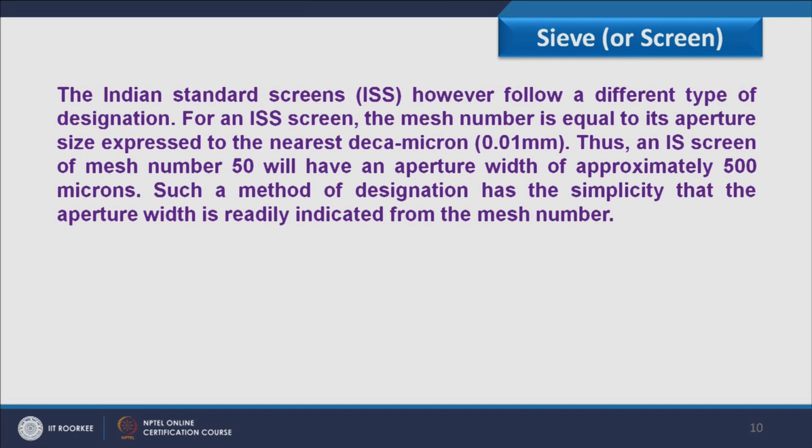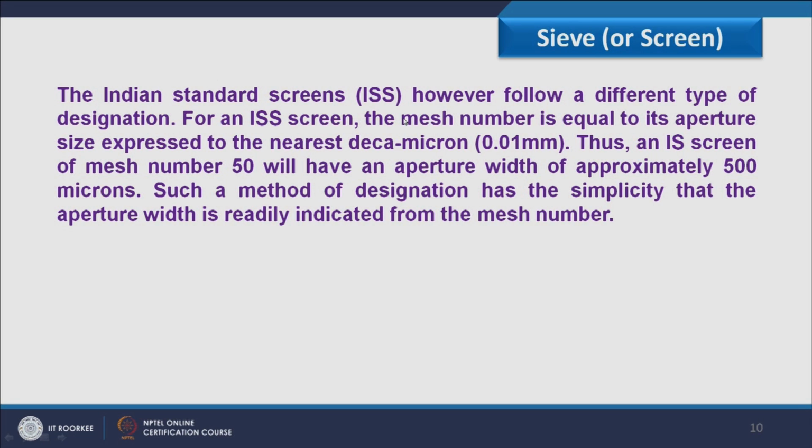Therefore, the Indian standard screens, that is ISS, follow a different type of designation. For an ISS screen, the mesh number is equal to the aperture size expressed to the nearest decamicron, that is 0.01 mm. So, Indian standard screen defines a screen in terms of aperture size, not as the mesh number.